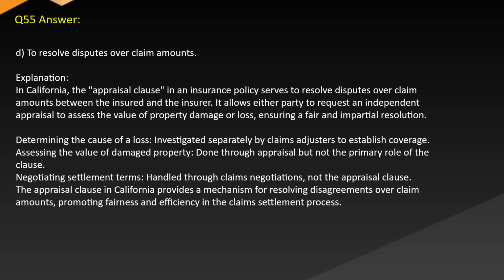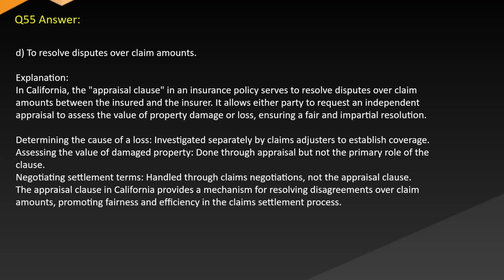Explanation: in California, the appraisal clause in an insurance policy serves to resolve disputes over claim amounts between the insured and the insurer. It allows either party to request an independent appraisal to assess the value of property damage or loss, ensuring a fair and impartial resolution. Determining the cause of the loss is investigated separately by claims adjusters to establish coverage.